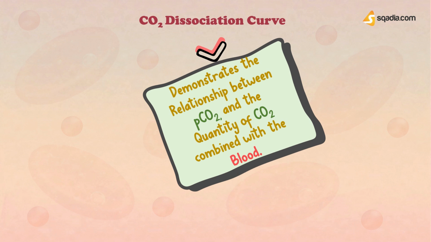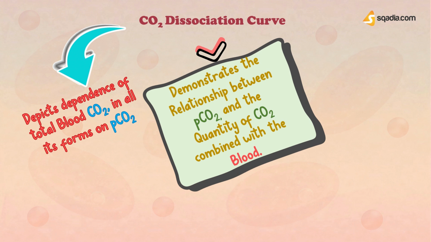The carbon dioxide dissociation curve is the curve that demonstrates the relationship between the partial pressure of carbon dioxide and the quantity of carbon dioxide that combines with blood. Or, in other words, it depicts the dependence of total blood carbon dioxide in all its forms on the partial pressure of carbon dioxide.